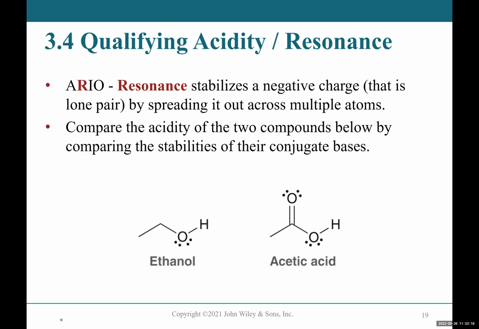Resonance. So, this has resonance right here. We have that double bond. We can do this. If we do that, we have some resonance. Right? So it's able to spread that around.